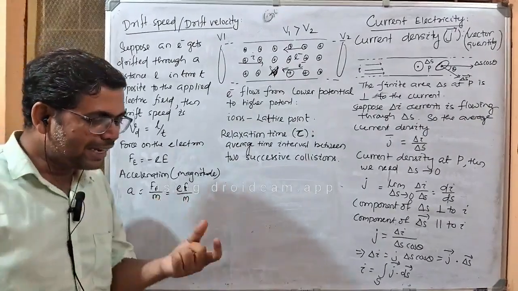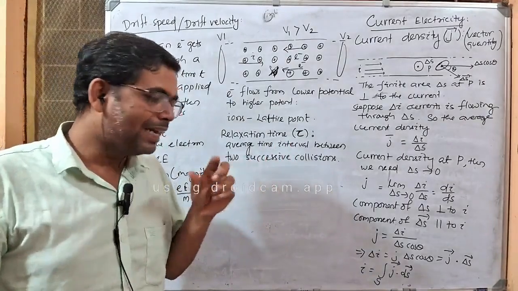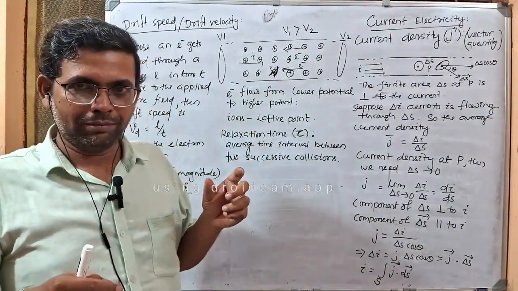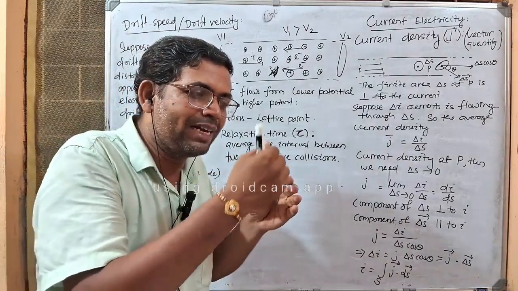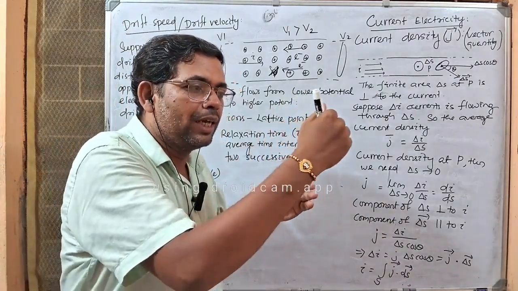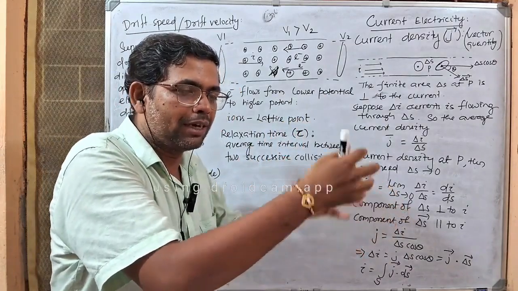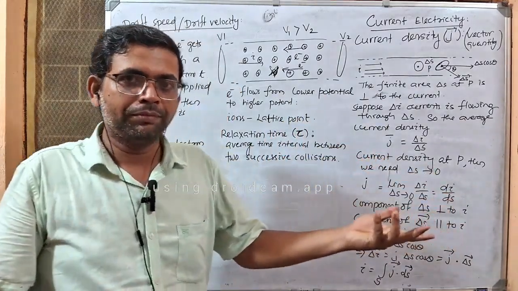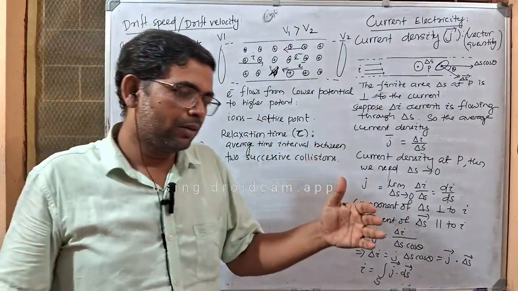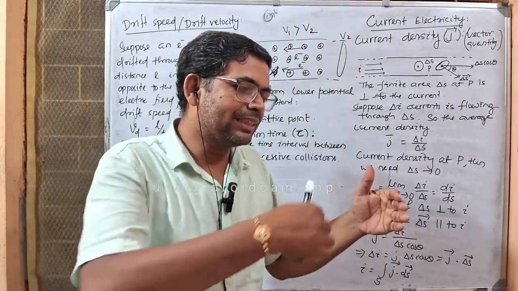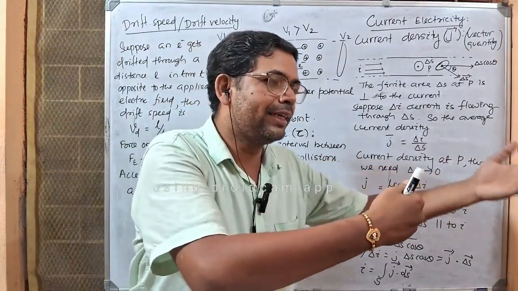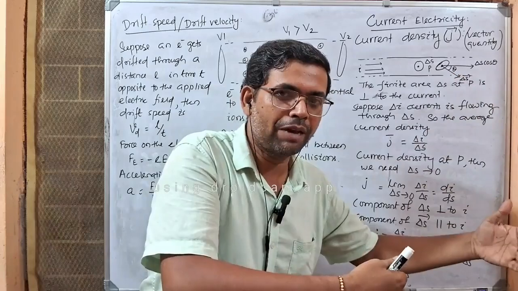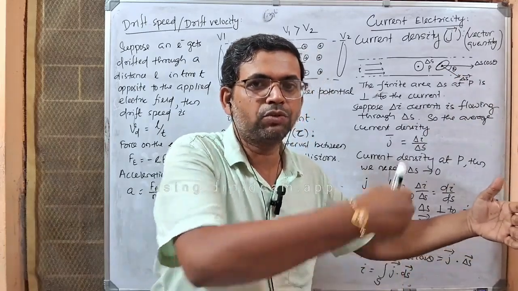Within that relaxation time, the electron gets time to accelerate. After that, when it collides with the lattice point, its average speed becomes 0 again. Then it gets tau time to accelerate again, and after collision its average speed again becomes 0. This way it moves.